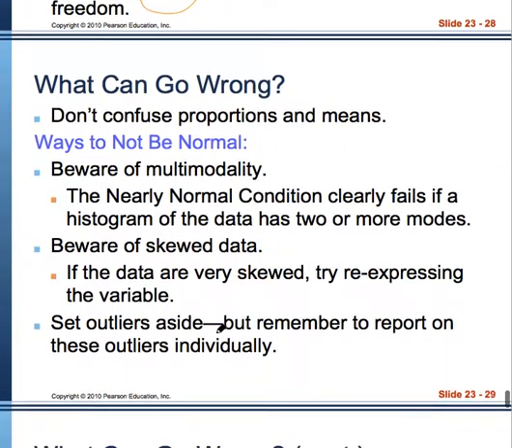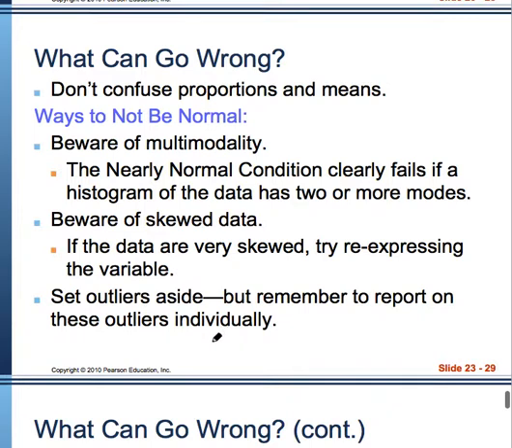Okay. All right. So some things that can go wrong. Making sure that when you're checking the conditions, you need to make sure that you don't have multimodality. So you don't have lots of modes with your data. That's why you're using the histogram. You don't want the data that's too skewed. Try re-expressing. You will not have to be doing any of that.